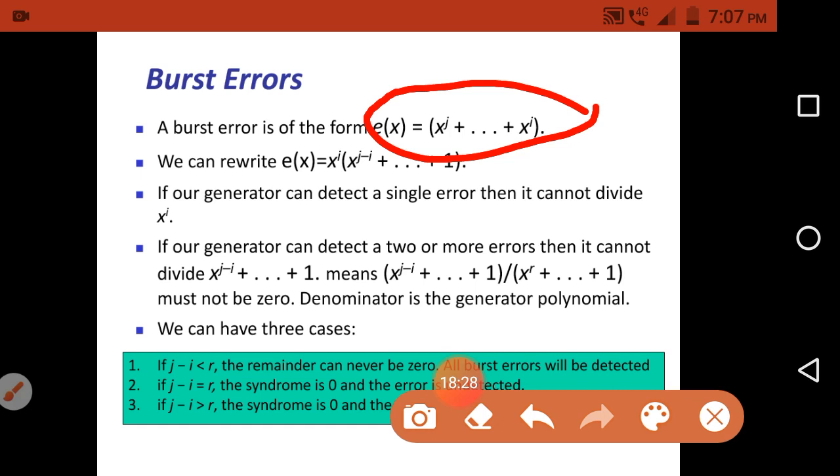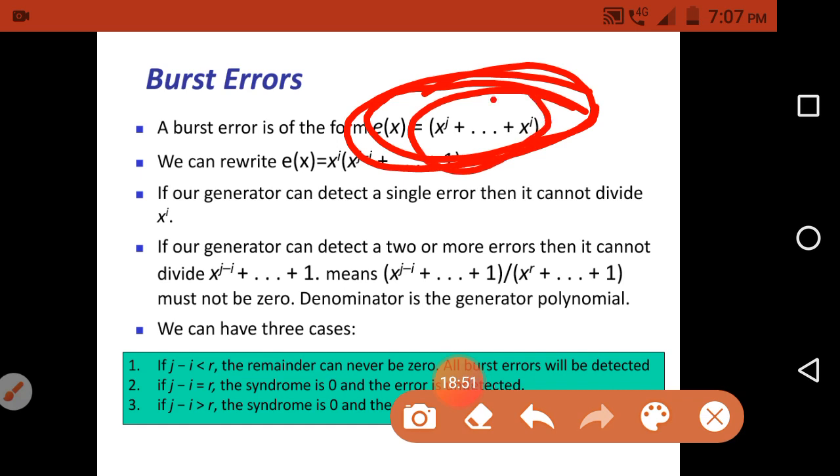Here e of x equals x raised to j plus so on plus x raised to i. A burst error means two or more errors, so it contains at least two terms or more.